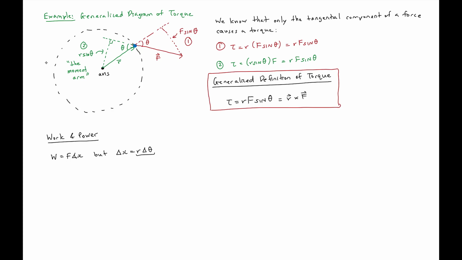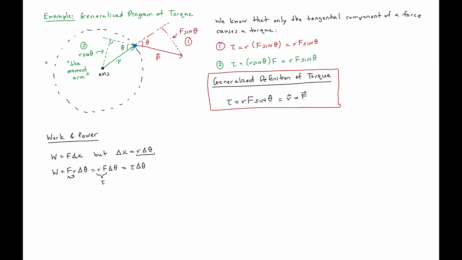So that gives us the connection to the rotational world. So then we have W equals F r delta theta. We can represent this as rF delta theta simply by switching these two around. But this is also tau. So this is tau, or torque, times delta theta.